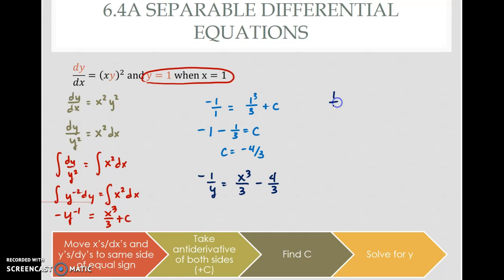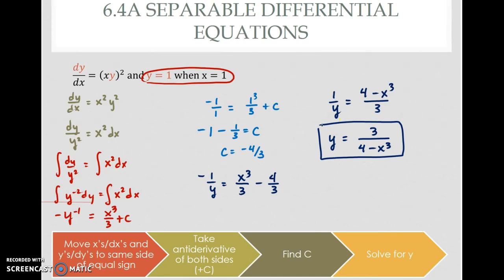So I have 1 over y equals 4 minus x cubed over 3. And so I take the reciprocal, so I'm going to write this as y equals 3 over 4 minus x cubed. So now I have an equation which, if I take a derivative of it, I should get x times y quantity squared.